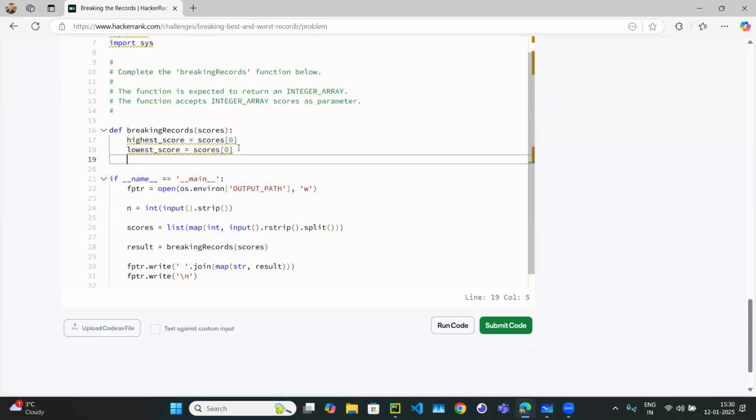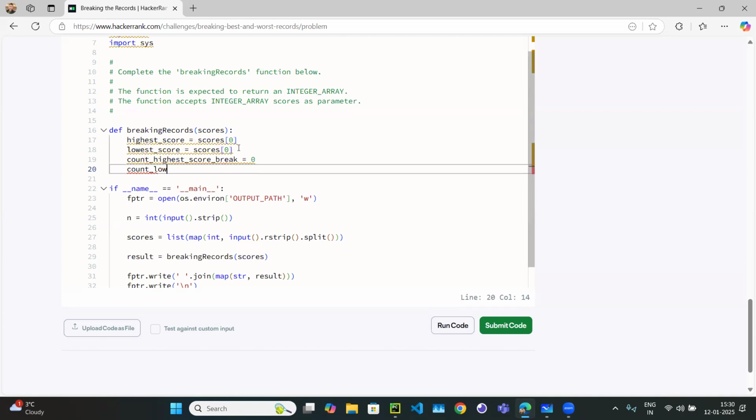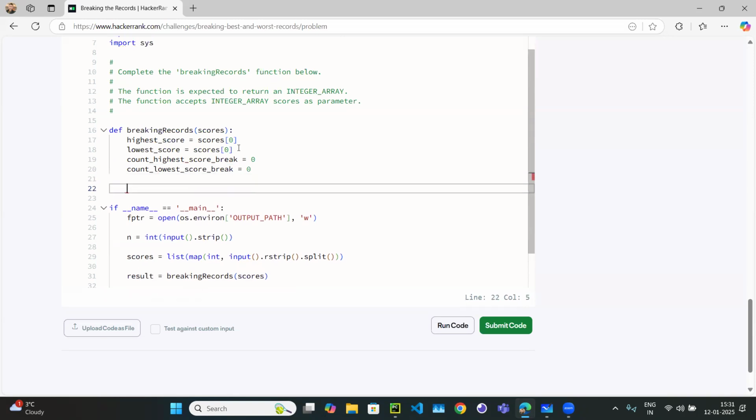So count highest score break, we will start with 0, and count lowest score break, 0. Okay.